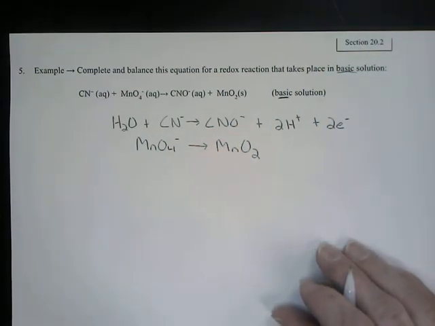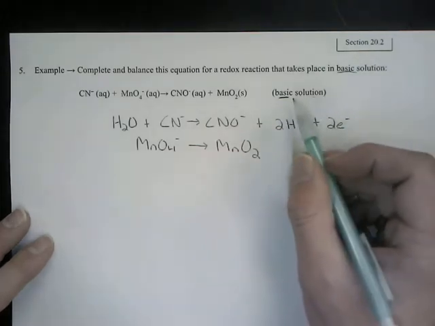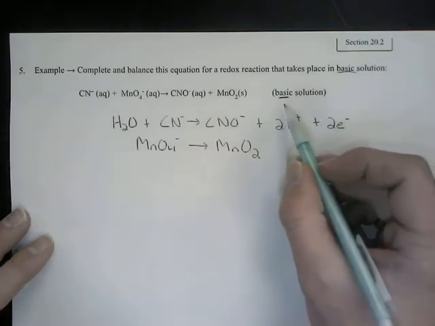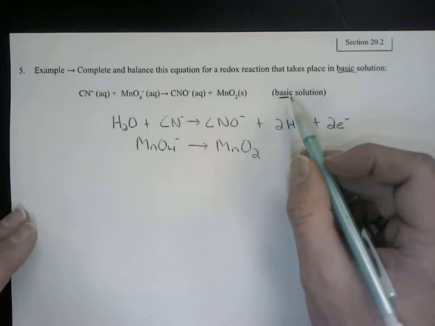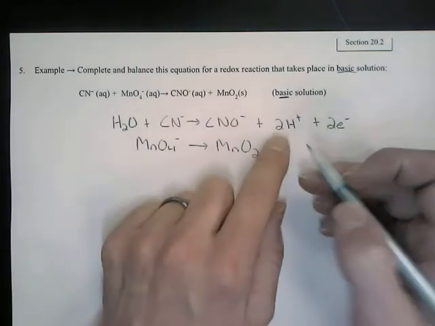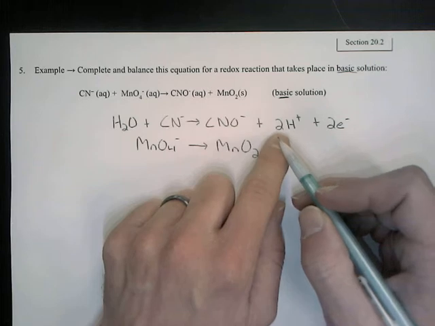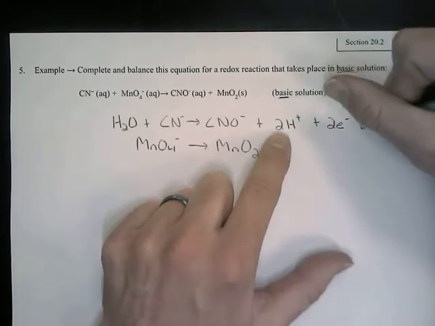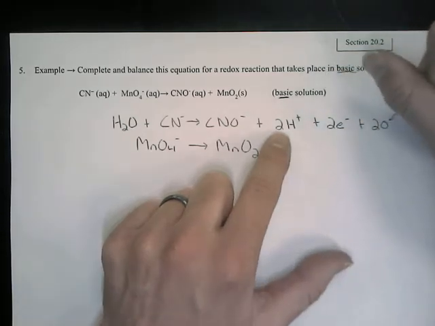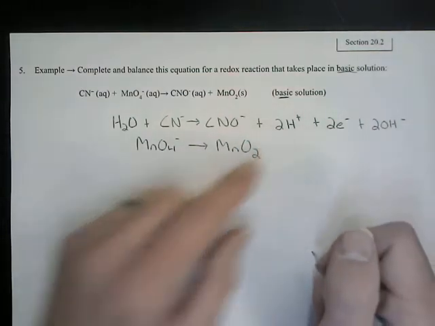Now comes our weird step here. Because we're in a basic solution, we need to add OH minuses to each side, and the number of OH minuses needs to equal our H pluses. So this means that we need 2 OH minuses on our right, and we need 2 OH minuses on our left.